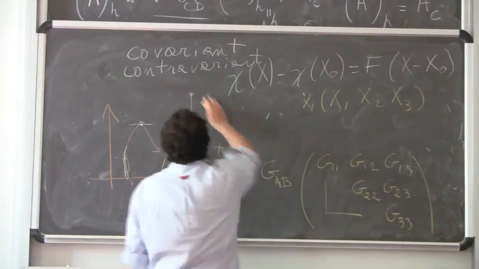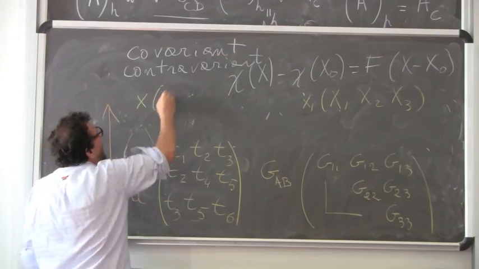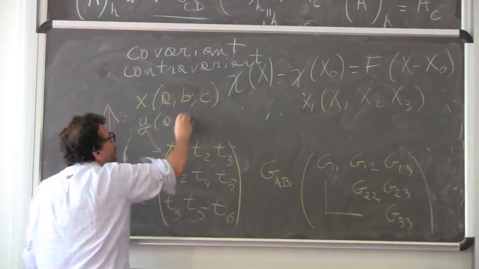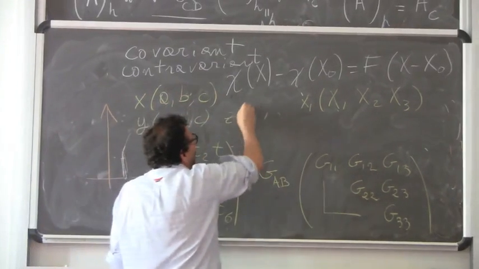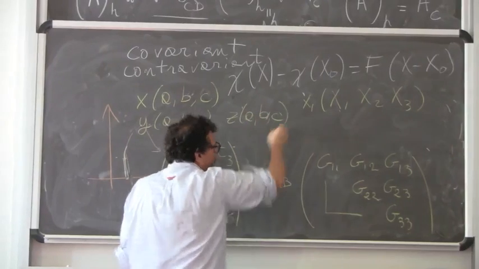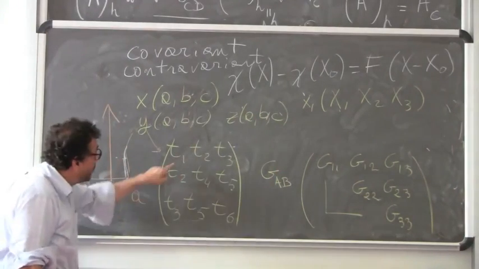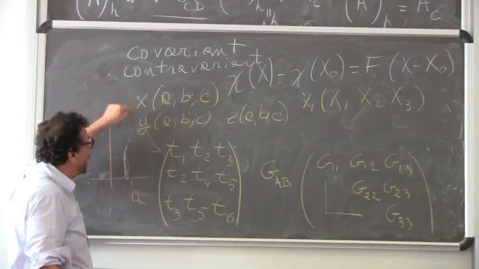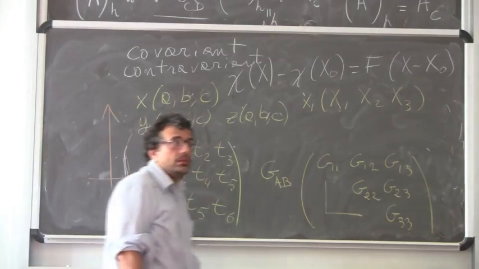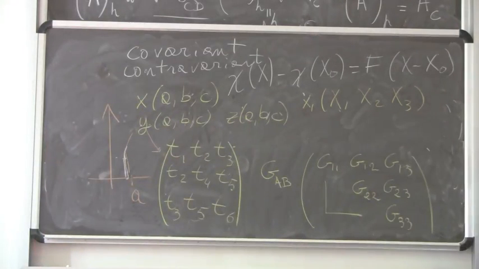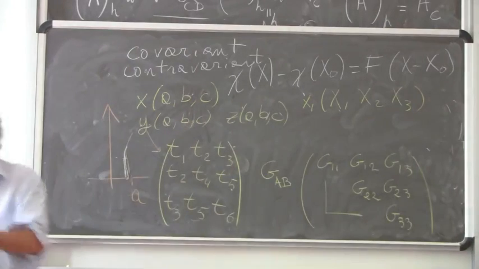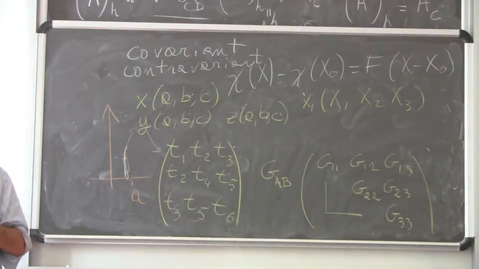And Piola wrote x of a, b, c, y of a, b, c, and zeta of a, b, c. Then imagine how difficult it is to write T1 in terms of the derivatives of x, y, and z. It soon becomes a terrible set of equations, simply because you are not choosing the correct notation.